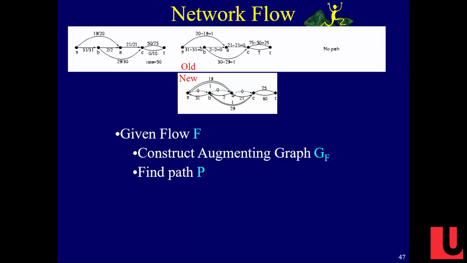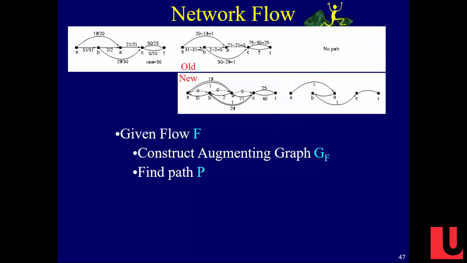So now in this graph, we look for a path, and you can see there is a path. And we can say, what's the bottleneck of that path? Well, I can push 1 more here. Here I can push 2. Here I can push 1. So the bottleneck is 1, right? So I'm going to push 1 along there.